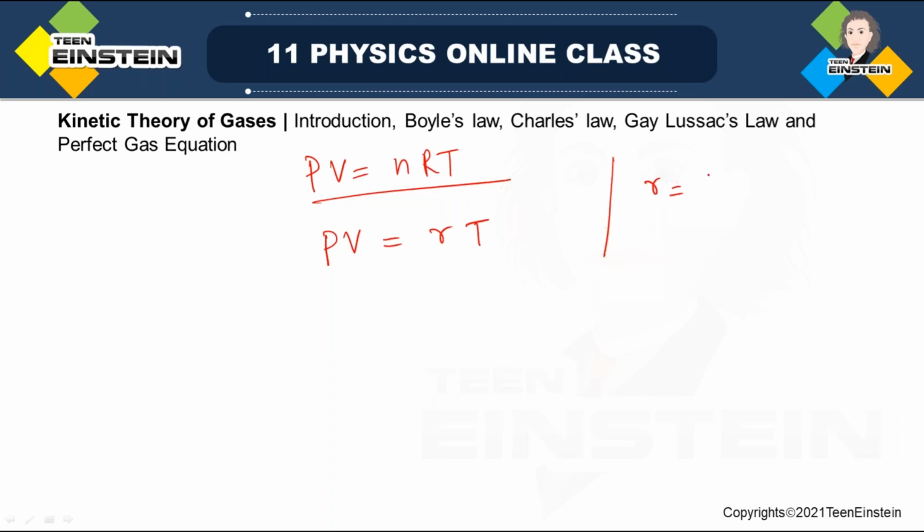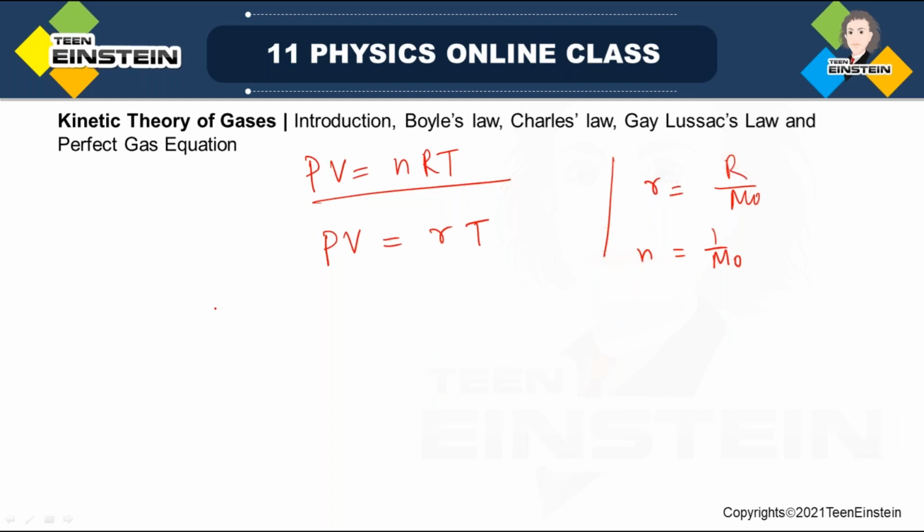So 1 gram of gas means n is equal to 1 over m0. If I put it here, this small r is capital R by m0, for 1 gram of gas. Small r means the gas constant R over the molecular mass of the particular gas.